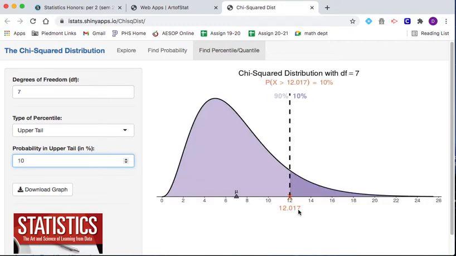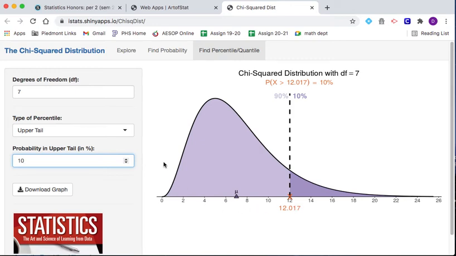If I'm looking for what's called the critical value, with 7 degrees of freedom, what does my chi-square need to be to put me in that last 10% of the curve? Well, it would take a chi-square of a little over 12.017. We often refer to this as the critical value on a chi-square distribution. So again, another nice feature.